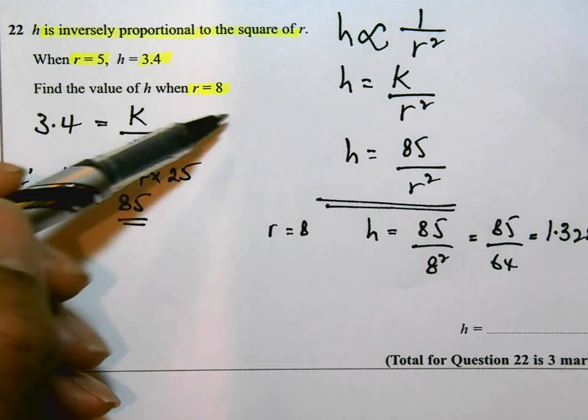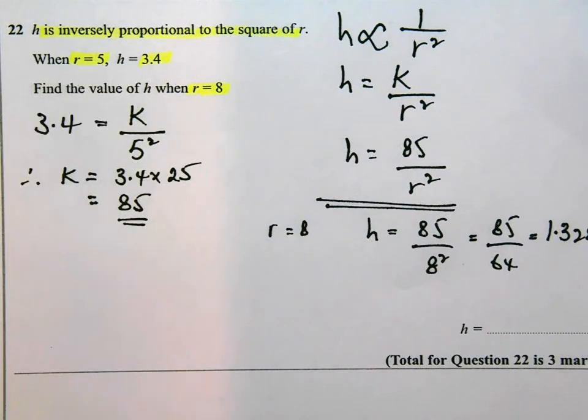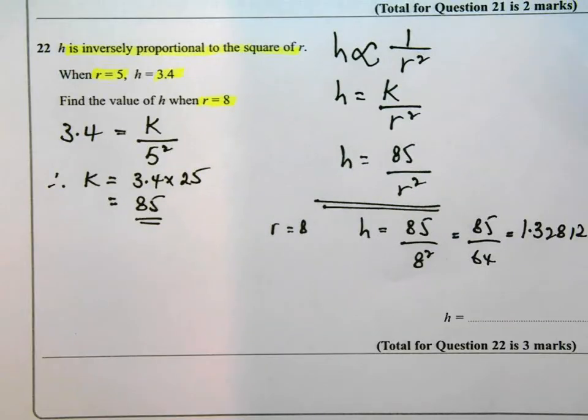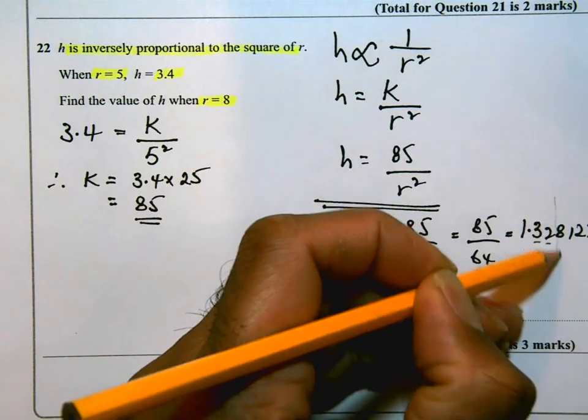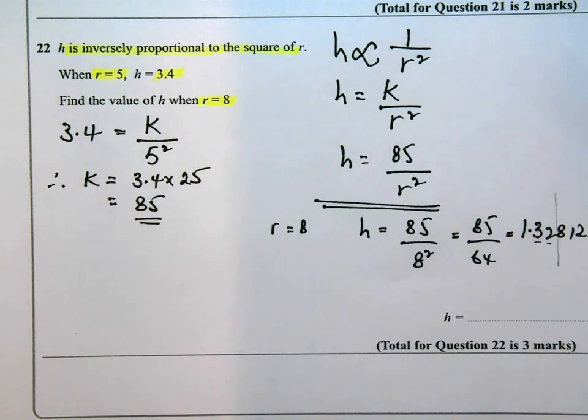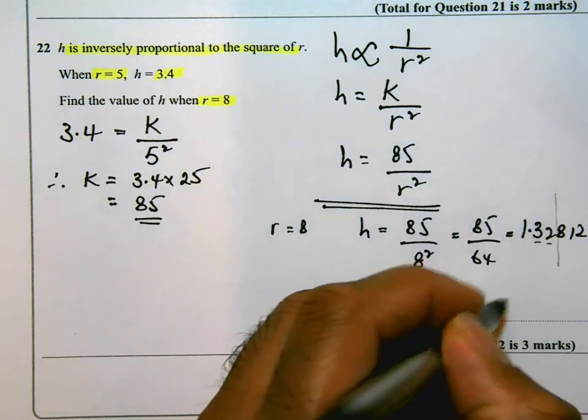However, just to be sure, I'm going to write my answer to 2 decimal places. If I just zoom out a bit, you can see the question, and if I count 2 numbers after the decimal place, 1, 2, draw my line there. Next number along is an 8, so we're going to call that 1.33.